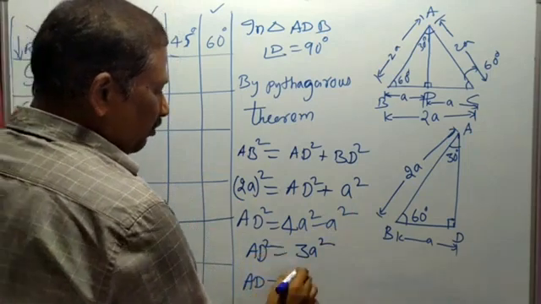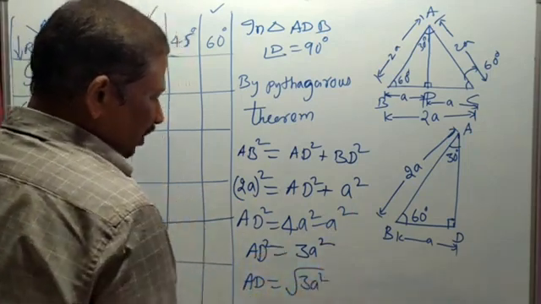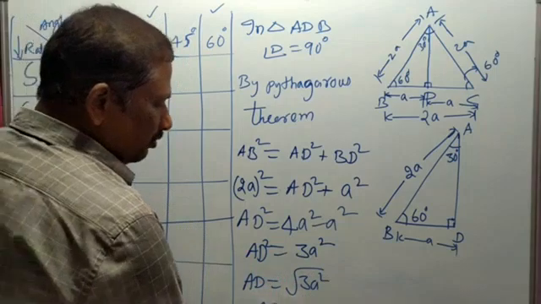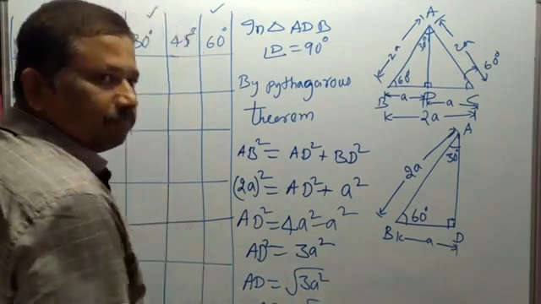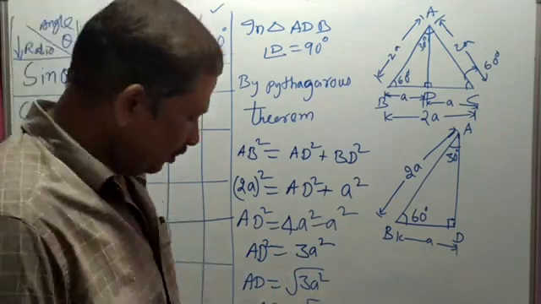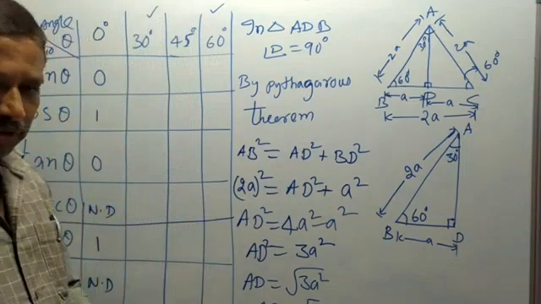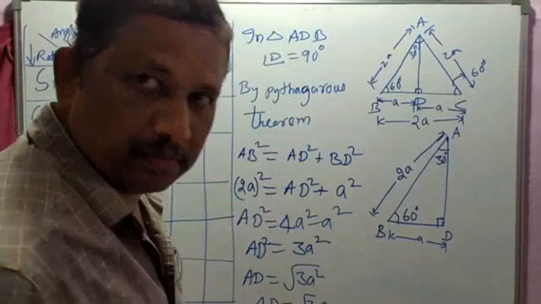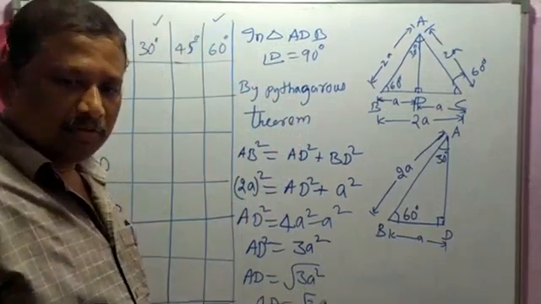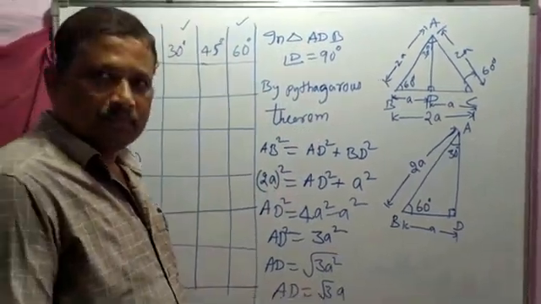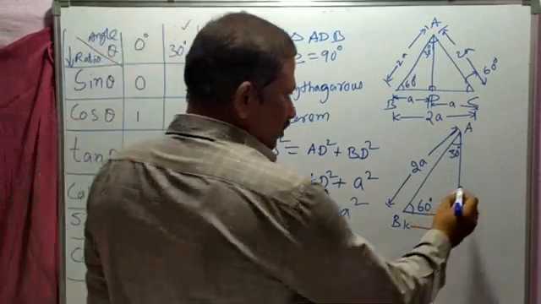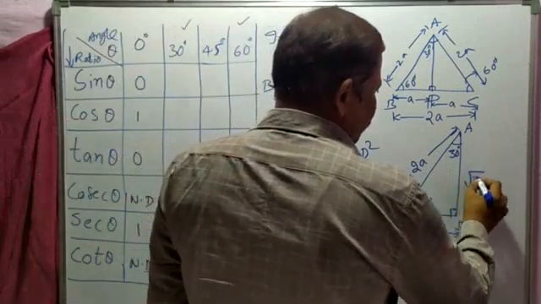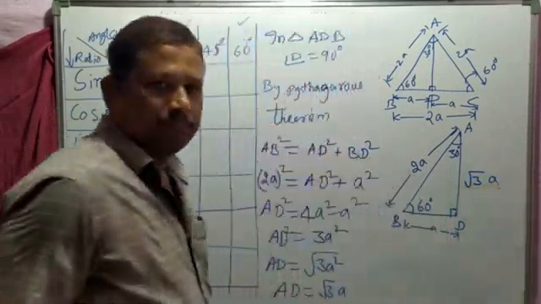AD is equal to root 3 a. So here we got the AD value, root 3 a.